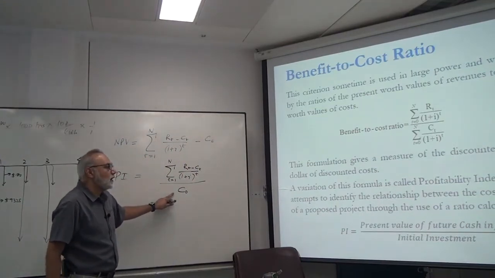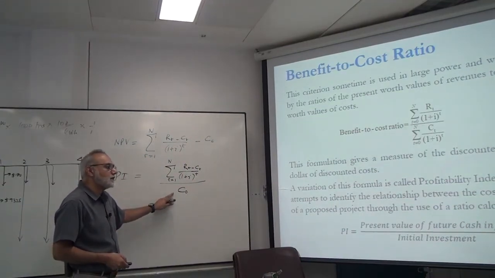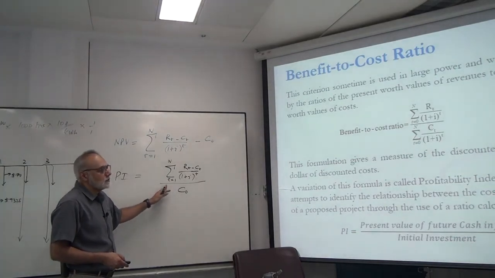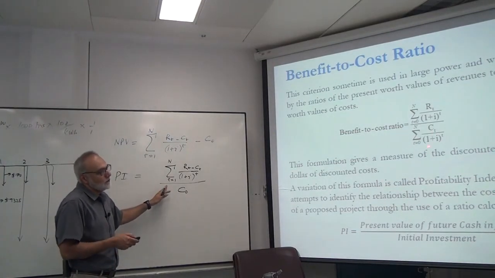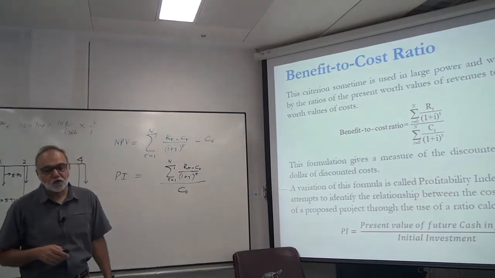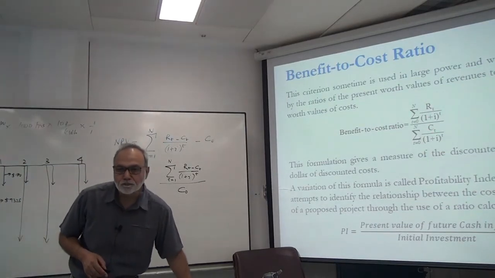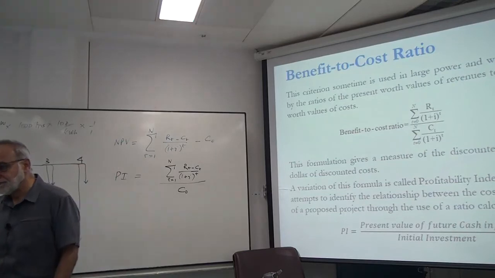So this is the formula for profitability index. The profitability index value will be slightly different from benefit to cost ratios.